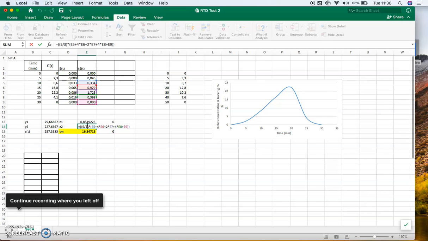It's up to you, you can also use one type of Simpson's rule to calculate all together. More or less, it's still the same, so it will be plus or minus a few percentage error. In the end, you will get your tm is about 16.34.